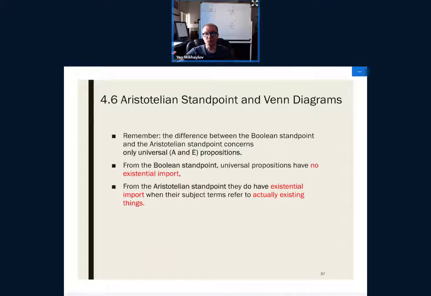Okay, so 4.6, that's actually a very easy extension of what we have done before. For this reason, we're not going to spend very much time on it, but that just follows exactly from what has been said. Remember, we did that second way of testing them last time, and this is by drawing Venn diagrams, right?